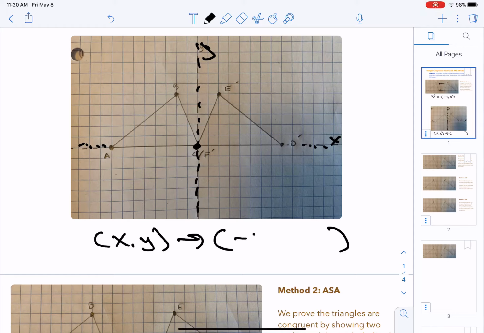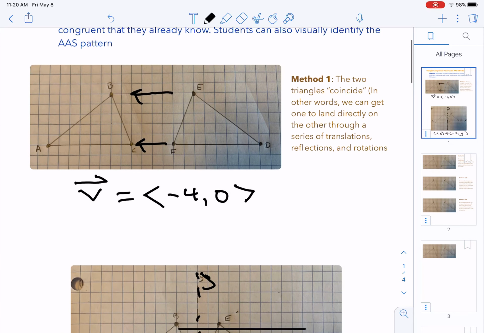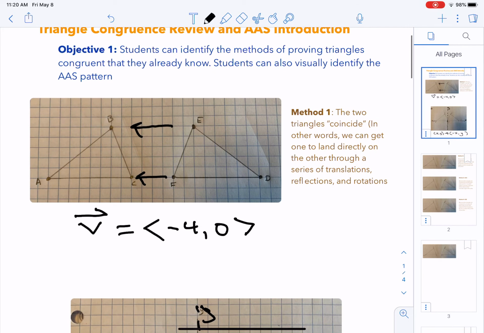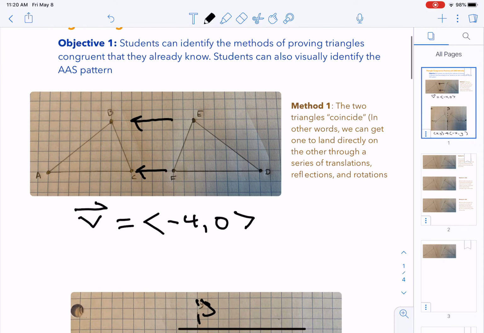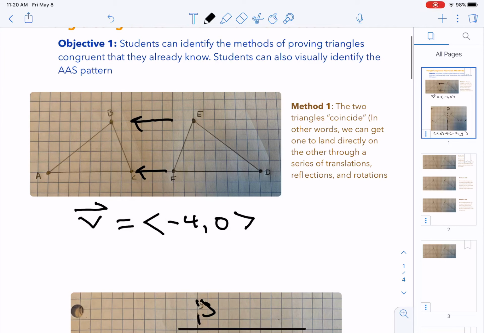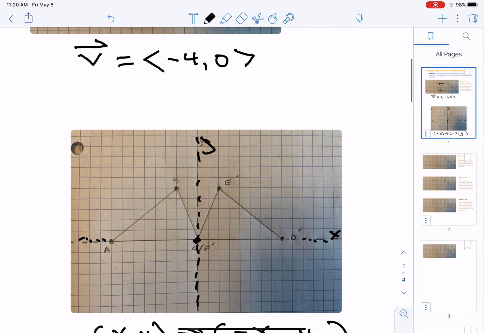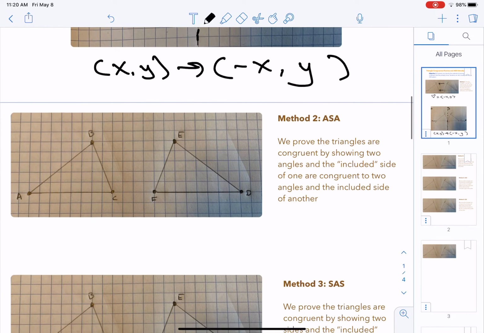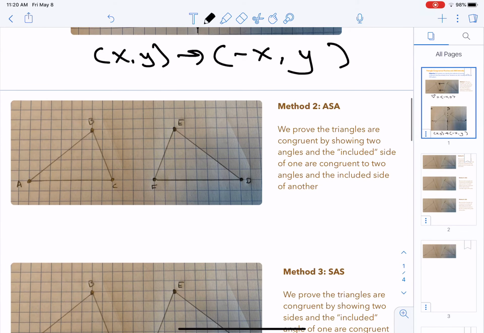We have a reflection across the y-axis, preceded by a translation forward to the left. As a result, we know at just a basic level that these two triangles are congruent. They coincide with one another; one lands on top of the other. All right, so that's not so hard.